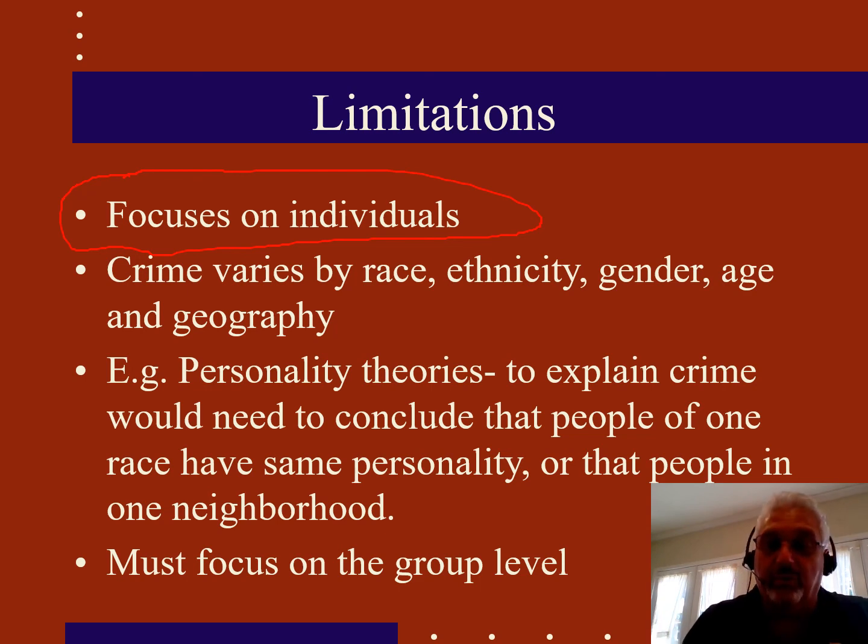So, for example, if we take personality theories to explain crime, you would need to conclude that people of one race have the same personality, or that people who live in one neighborhood, or people of one age cohort all have the same personality, and that's not true. So what we really need to do as we move on to chapter 5 is focus on the group level.